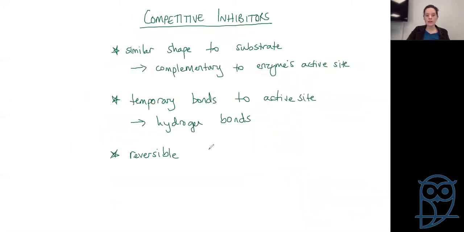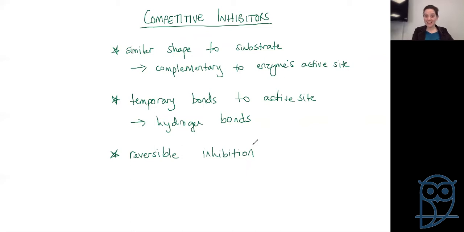So last thing, reversible inhibition. In this case, then we would have a competitive inhibitor, and it would be a game of numbers. Do my inhibitors take up my enzymes, or do my substrates take up my enzymes, depending on the relative frequencies of the two.